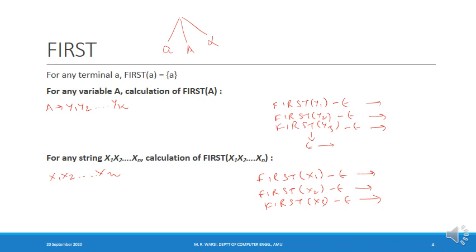The same logic applies. And if the first of x1, first of x2, first of x3 and so on up to first of xn, if all of them are containing epsilon, then in that case epsilon will also be added to the first of the given string. So this is how I'll calculate the first of the given string, and this is the algorithm for calculating the first of any string.